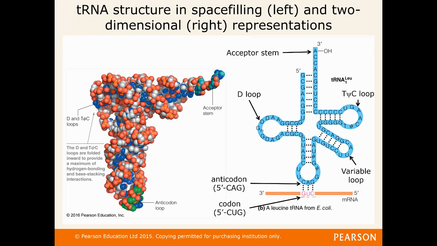Notice those have to match. It's harder to see in the other one. So this would be CAG. Okay, and then this would code for a specific amino acid that would be attached to the other side of the tRNA. In this case, this should be leucine.